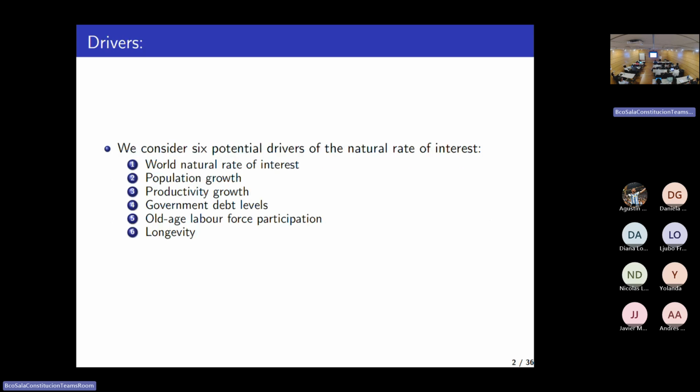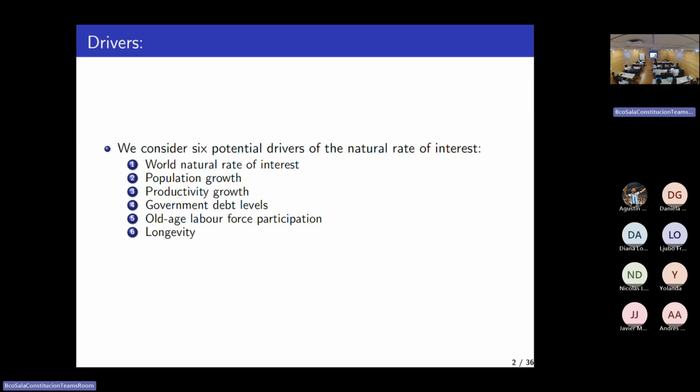We're going to have 6 potential drivers in our model as reasons that the natural rate of interest could have decreased. One of them, because New Zealand is a small country with a population of 5 million, is the world natural rate of interest. New Zealand's interest rates generally go up and down with the bigger economies in the world.